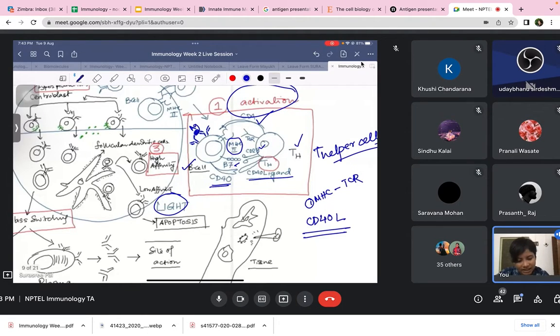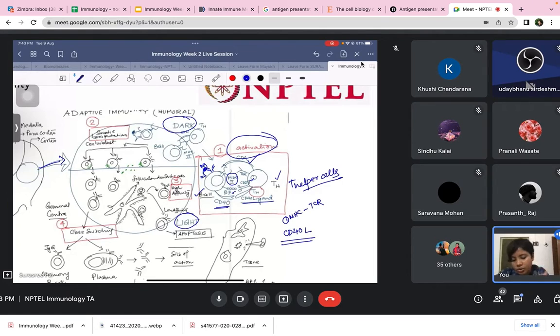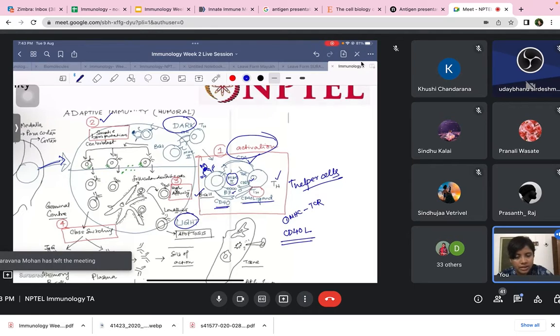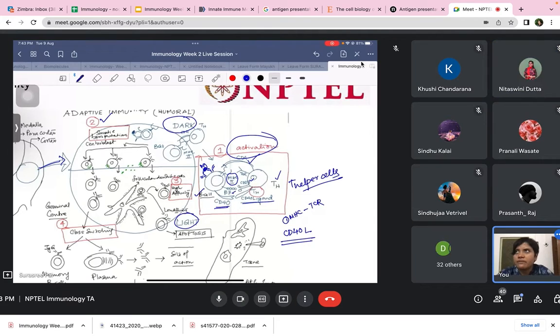So now once the T helper cell presents this antigen to the B cell via MHC, this B cell is activated, and now it undergoes the second step, which is somatic hypermutation. So what are somatic hypermutations? They are basically rearrangement of the antibody producing genes or the antibody receptors, the B cell receptors. So why does this hypermutation take place? In order to develop more efficient antibodies, you understand?